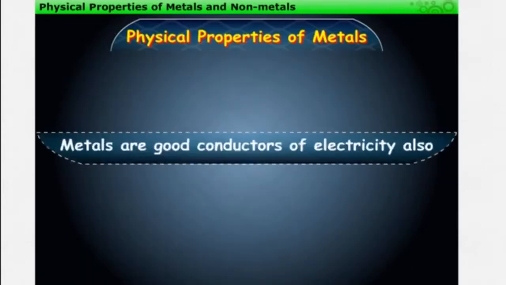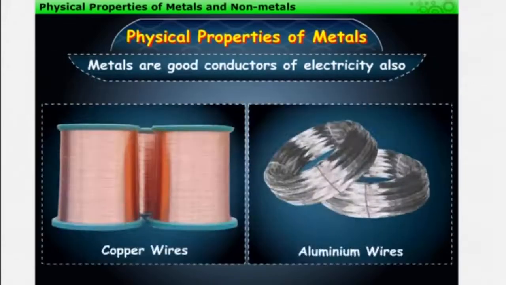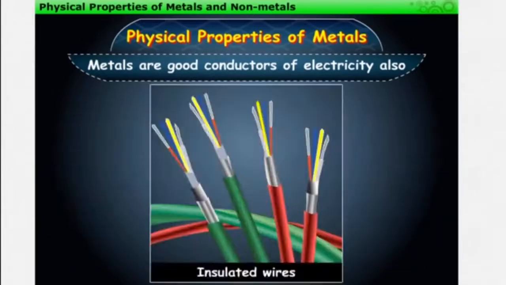Metals are good conductors of electricity also. This is the reason why electric wires are made of metals like copper and aluminium. These wires are insulated with polyvinyl chloride, that is, PVC, or a rubber-like material, to avoid electric shocks.